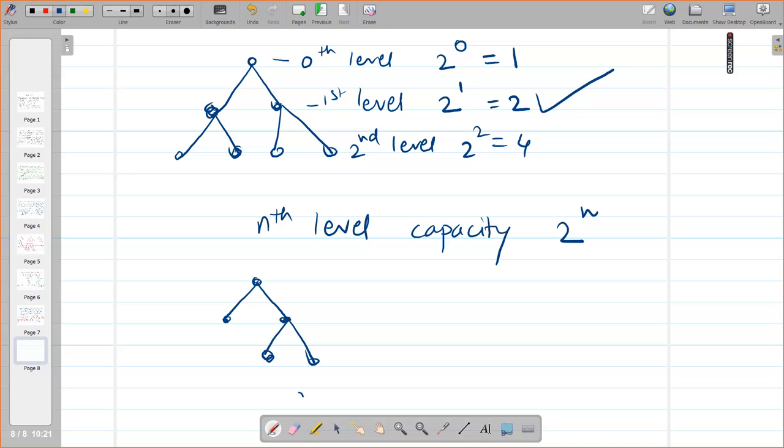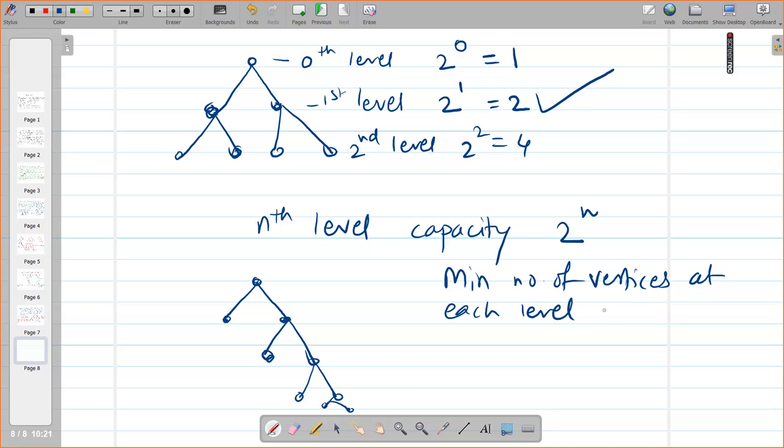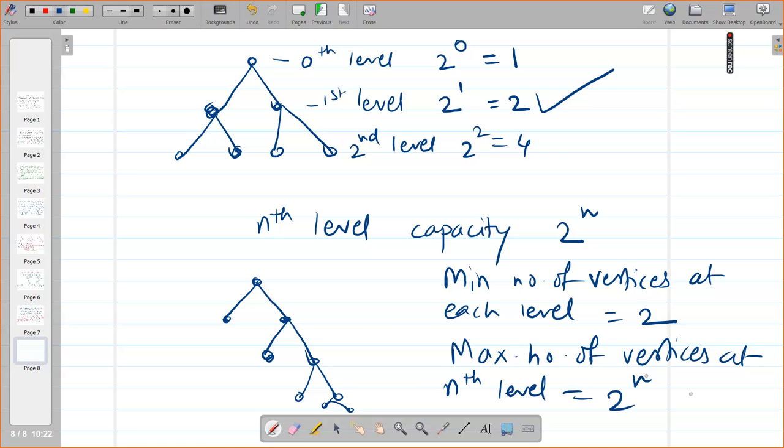Yes, ma'am. So every time, I can put the minimum number of vertices at each level equal to 2, and the maximum number of vertices at nth level is equal to 2^n, right?